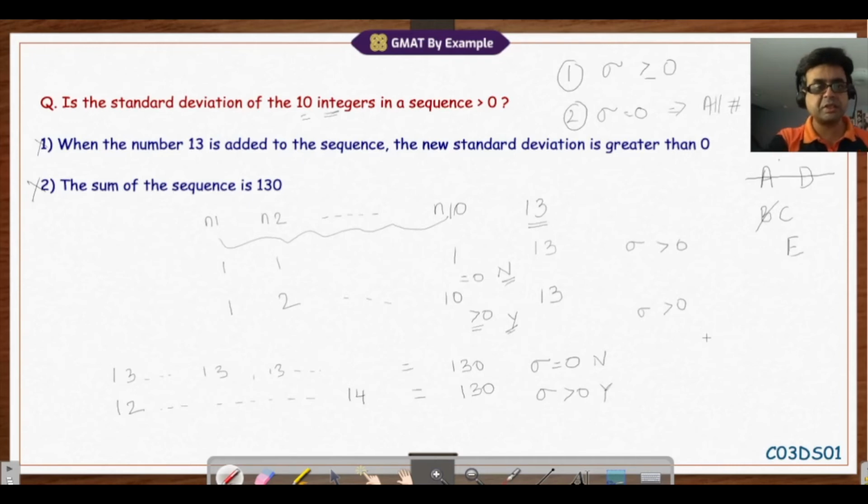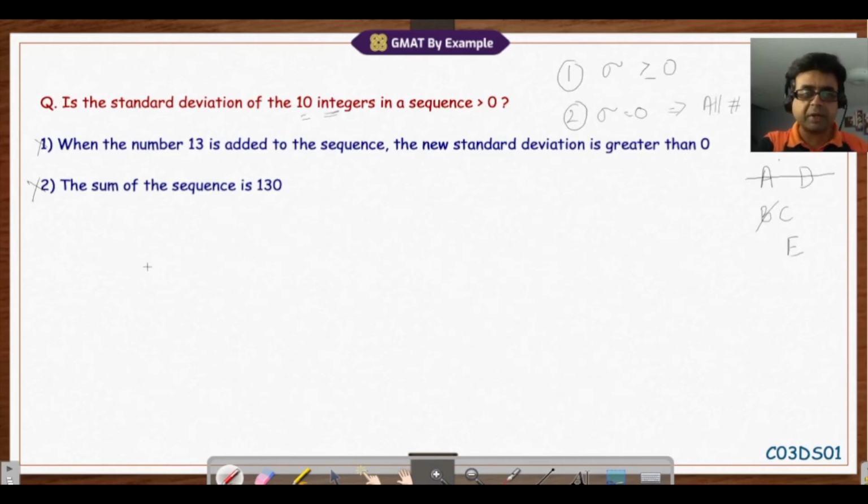Now let's see what happens when we combine the two statements. When we combine the two statements, we get the sum is 130, and when we add a number 13, the standard deviation is greater than 0. That means at least one number in the sequence is different than 13. So let's consider the sequence again.